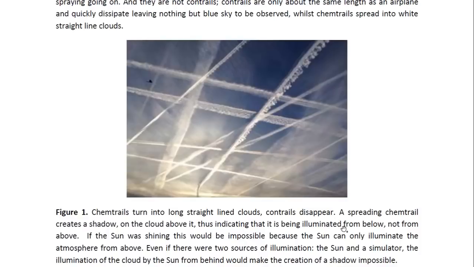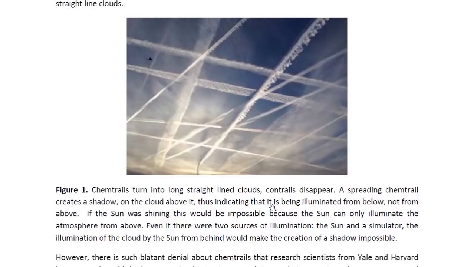Contrails disappear. A spreading chemtrail creates a shadow. You can clearly see this chemtrail here has created a shadow. You can see how the shadow joins the chemtrail there, where it obviously is closer to that cloud above it. So if the sun was shining, this would be impossible because the sun can only illuminate the atmosphere from above.